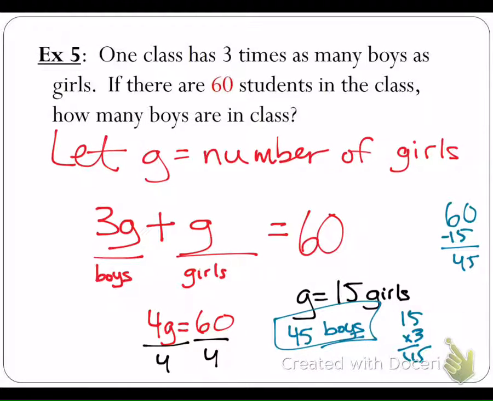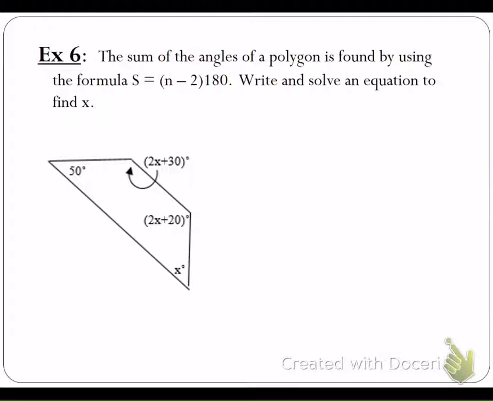Are you ready? Okay. So this is a lot of what you are going to see in a geometry class. So this says the sum of the angles of a polygon is found using the formula S equals n minus 2 times 180. Write and solve an equation to find x. I'm actually not going to do it that way.